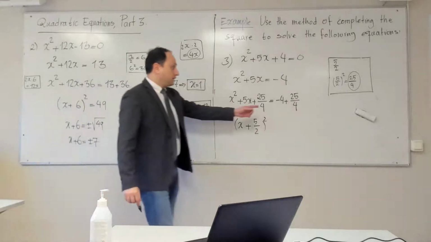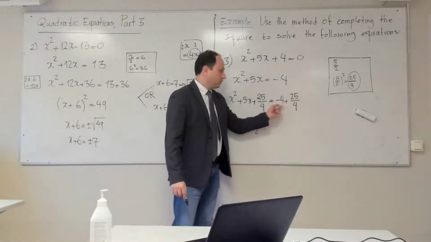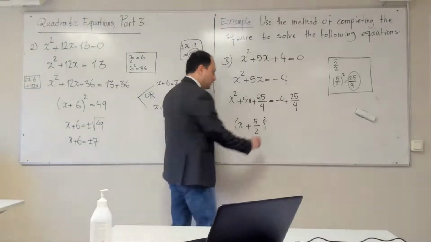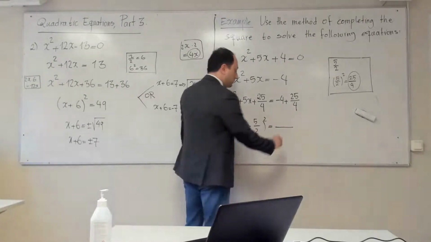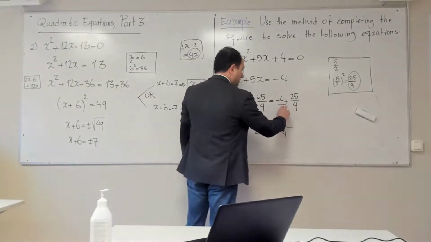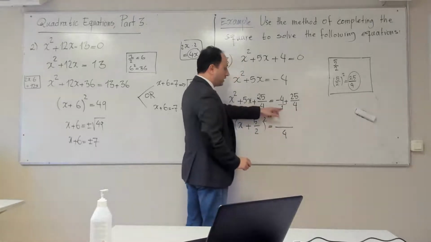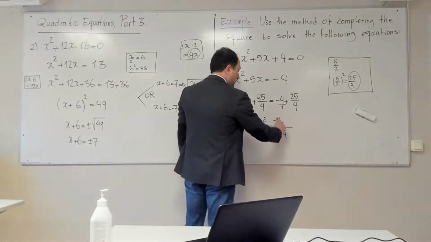And then on the right-hand side, hopefully you know how to calculate these simple fractions. The common denominator is 4. The denominator of minus 4 is actually 1. So 4 divided by 1 is 4, and if you multiply it here, it becomes minus 16.